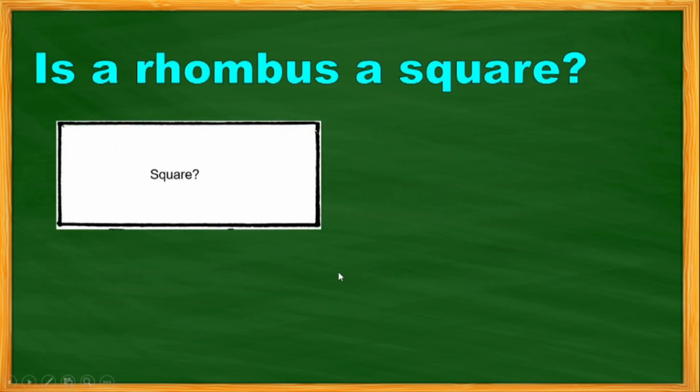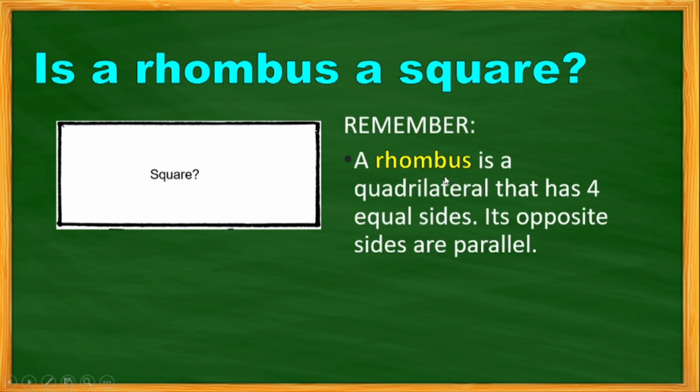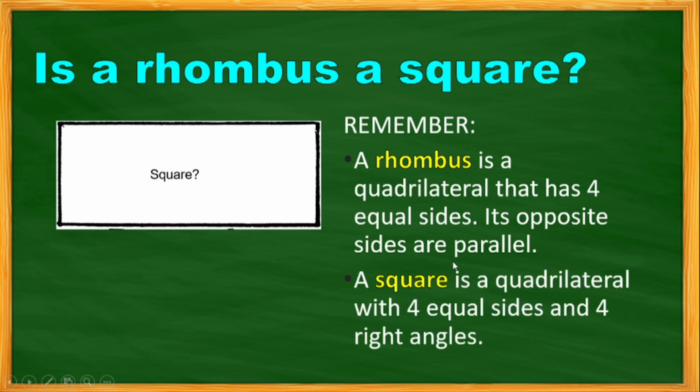And the next one: a rhombus is a square. So try to imagine this would be a rhombus. A rhombus is a quadrilateral that has 4 equal sides and opposite sides are parallel, and a square is a quadrilateral with 4 equal sides and right angles. So let's see the definition of the rhombus.